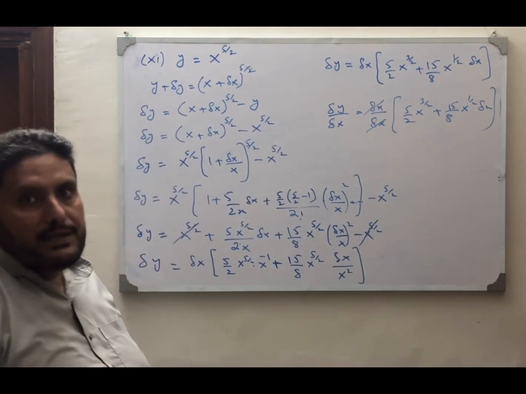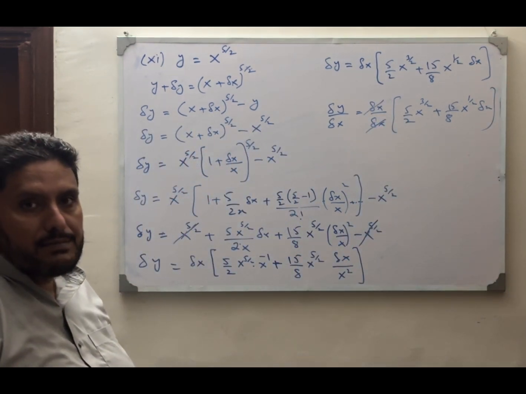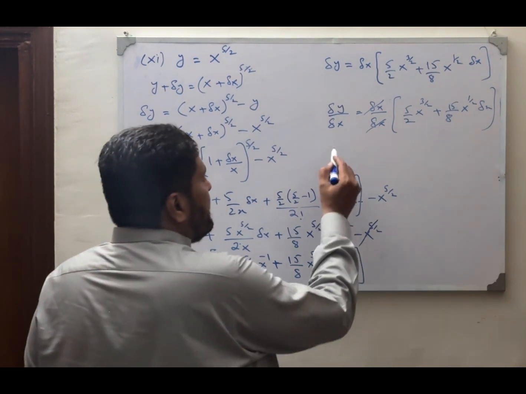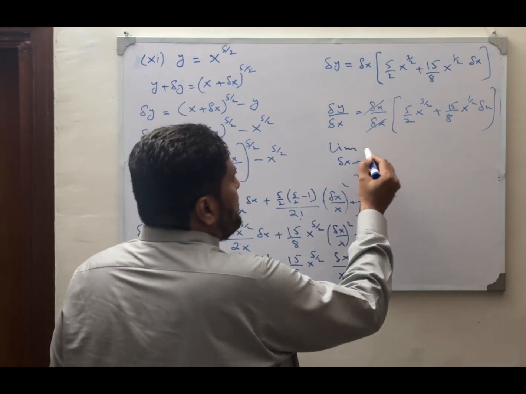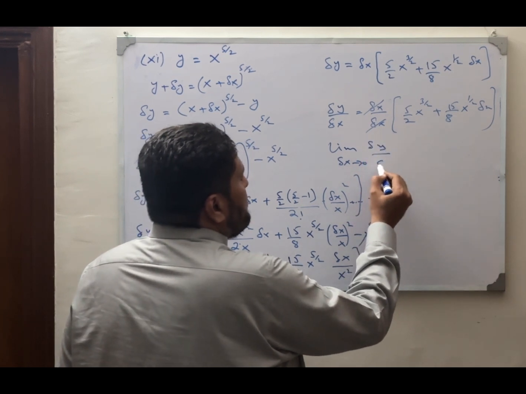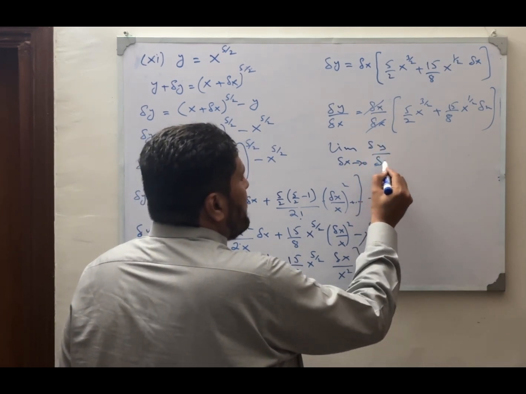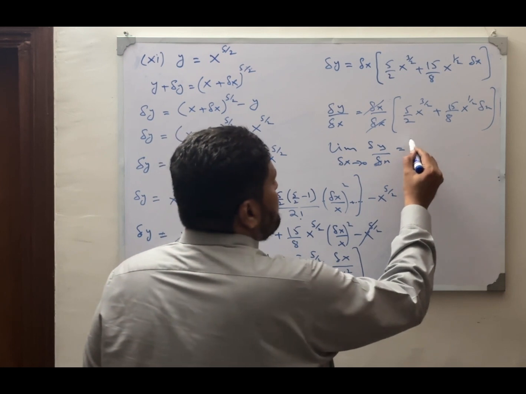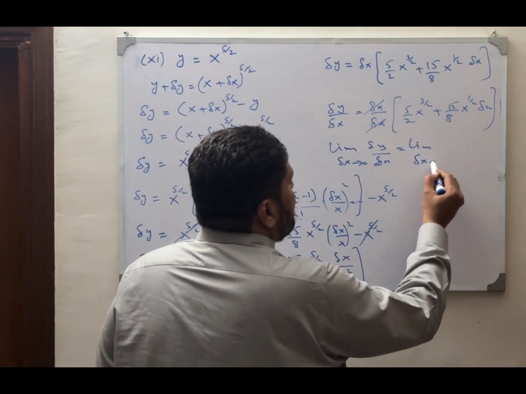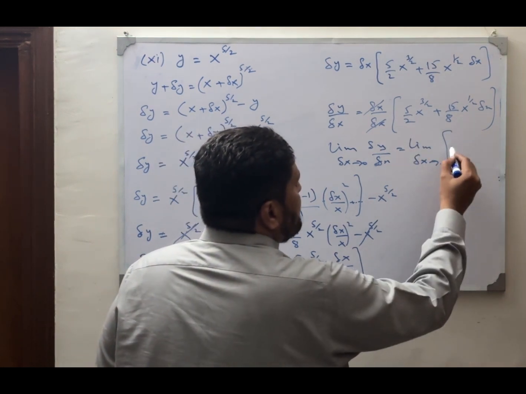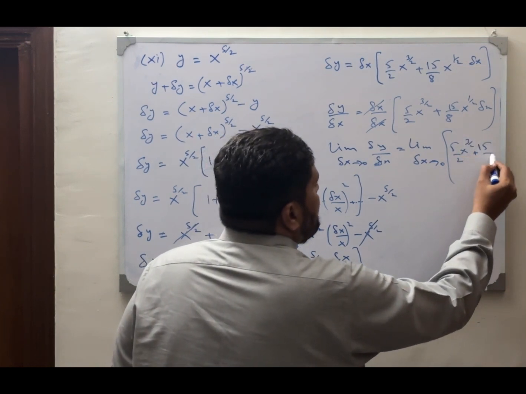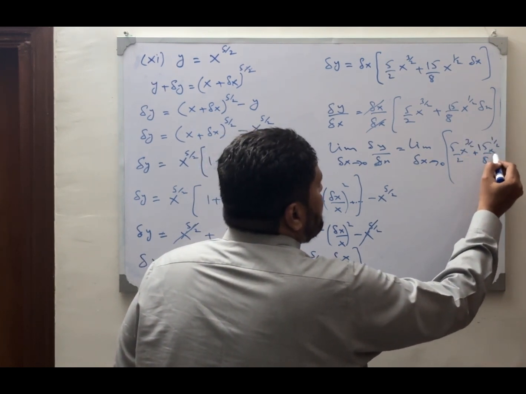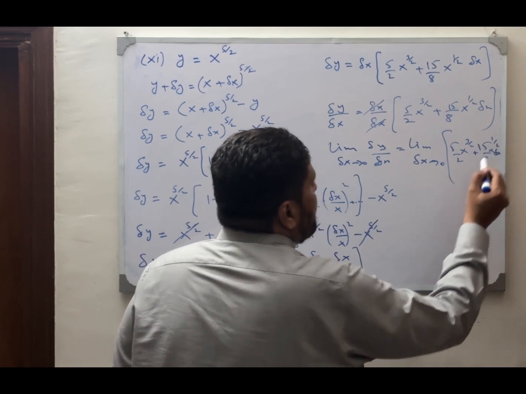And now applying the limit on both sides of the equation by using the step 4, we have limit delta x approaches to 0, delta y by delta x, that is equal to limit delta x approaches to 0, this whole function 5 by 2 x power 3 by 2 plus 15 by 8 x power 1 by 2 into delta x.